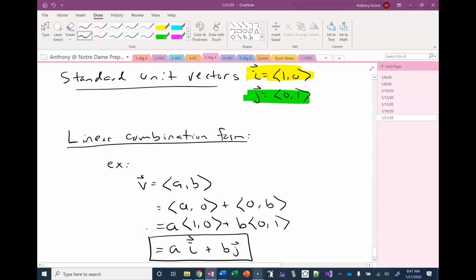So this is our standard combination form. It is basically rewriting our vector as the sum of two unit vectors. Okay? That's it. This is where I'm stopping.